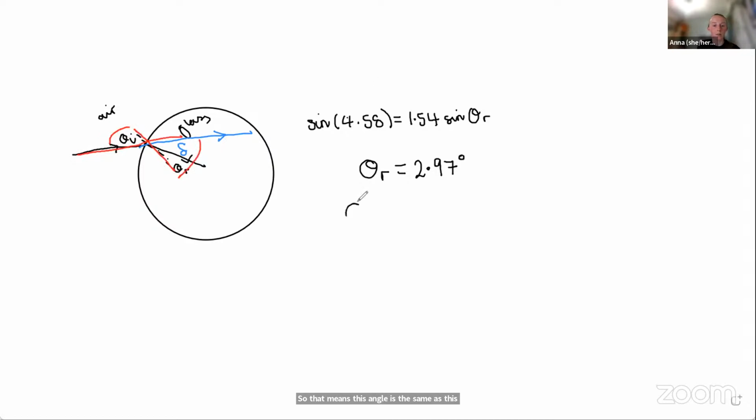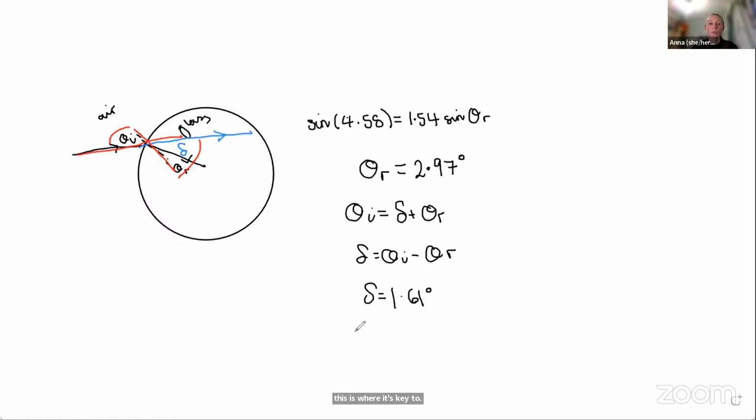So that means that we have theta I is equal to delta plus theta R, which we can rearrange to give us that delta is theta I minus theta R. So 4.58 minus 2.97 gives us delta is 1.61 degrees. And this is where it's key to read the question, because you definitely get points for finding the angle of refraction, but that's not the full story. They wanted the deviation instead.